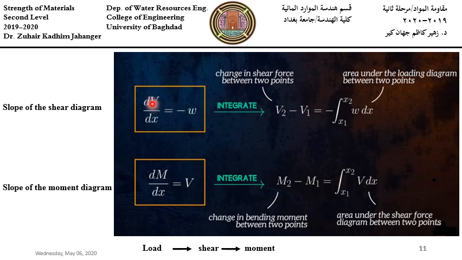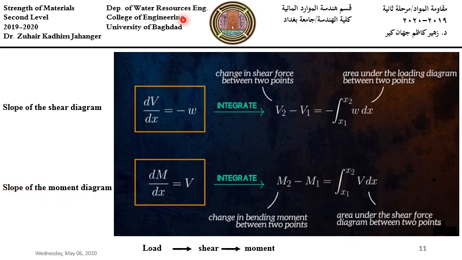So dV over dx equals the load. The change in shear force between any two points is the area under the loading diagram between the two points, and the change in bending moment between any two sections equals the area under the shear force diagram between the two points. So dV over dx is the slope of the shear diagram, and dM over dx equals shear, the slope of the moment diagram.